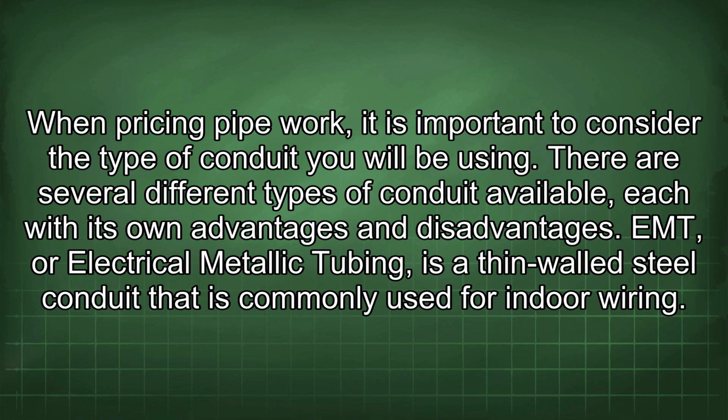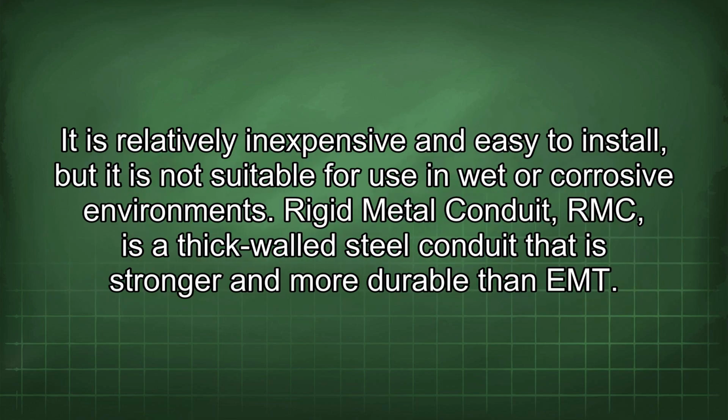When pricing pipe work, it is important to consider the type of conduit you will be using. There are several different types of conduit available, each with its own advantages and disadvantages. EMT, or electrical metallic tubing, is a thin-walled steel conduit that is commonly used for indoor wiring. It is relatively inexpensive and easy to install, but it is not suitable for use in wet or corrosive environments.